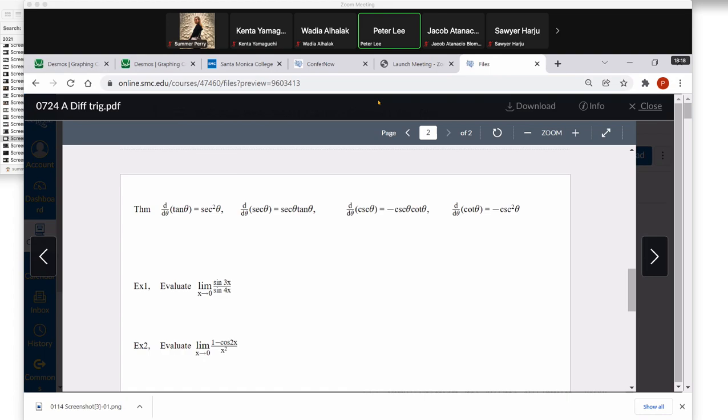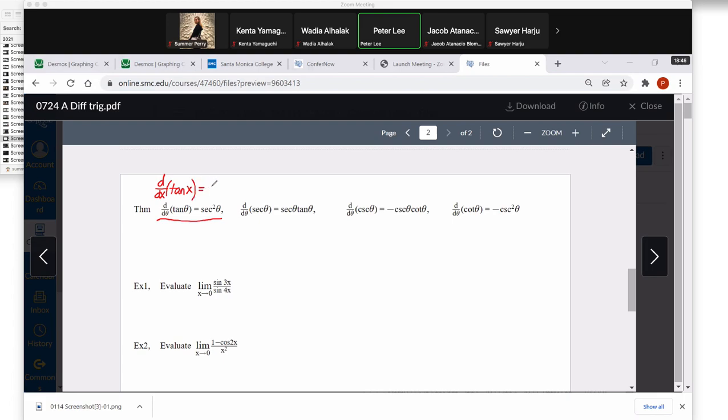So let me write this down. Annotate here. And this one, number 0: the derivative of tangent theta is secant squared theta. Of course, we may use the letter x. If you put the letter a, it's d/dx. Take the derivative of tangent x with respect to x, and that is equal to what?